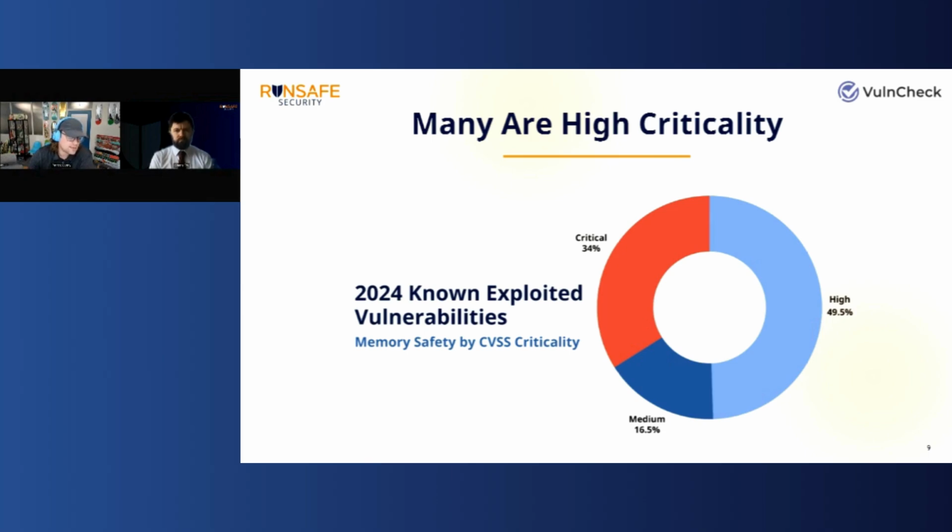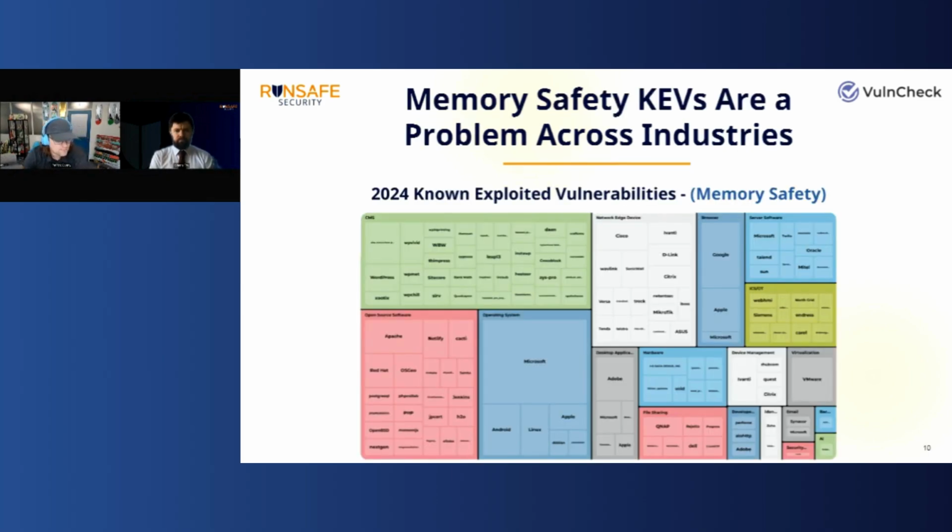Now, if we dive in a little bit deeper in relation to known exploited vulnerabilities, what I like to do is look at what kind of products and services are impacted. And so I focused on looking at the known exploited vulnerabilities over the past year, 2024, and categorizing them.